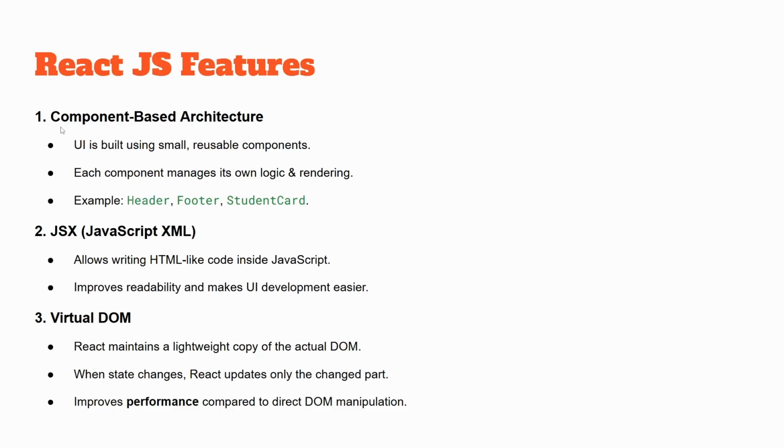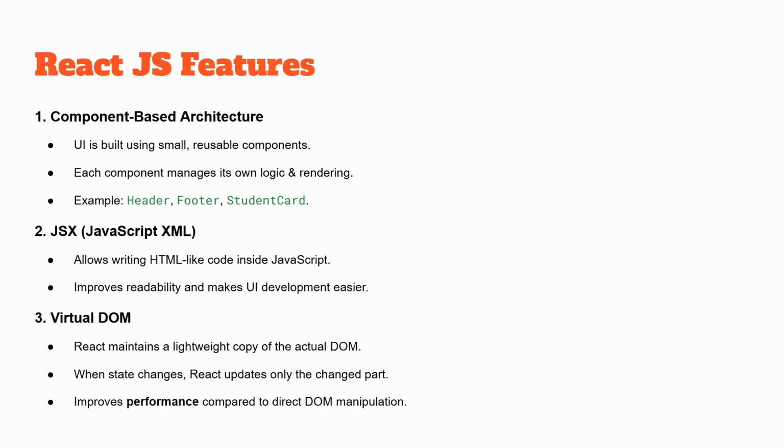So the first one is component based architecture. This is very important because whenever you make a very complex app, it's a good idea that you can divide those apps into smaller parts, so that if there is another part of the app where the same components have to be used, then you can reuse the same components again.